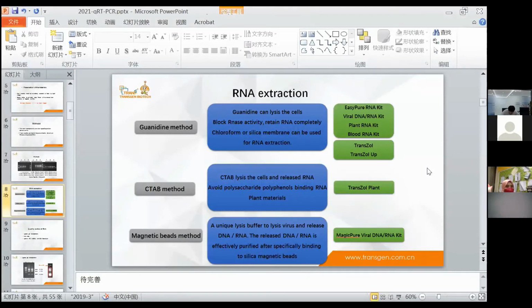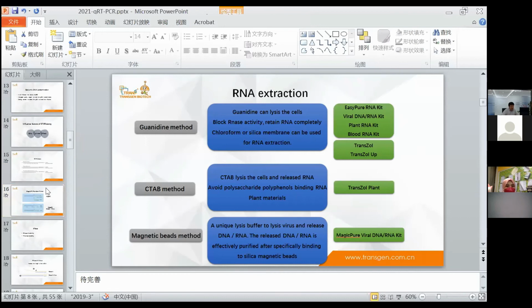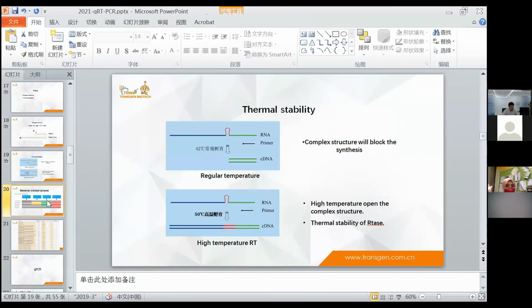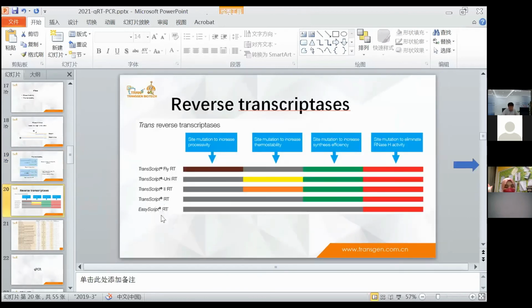The next question, why do we need to use new products combining fly and Artemis when the EasyScript is a higher temperature tolerance? Okay. The EasyScript RT is just 42 centigrade. In this case, we have a very basic one here. It's 42 centigrade. The new one is 65 centigrade.